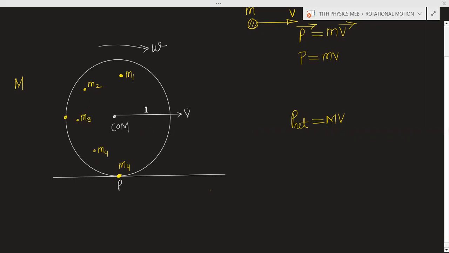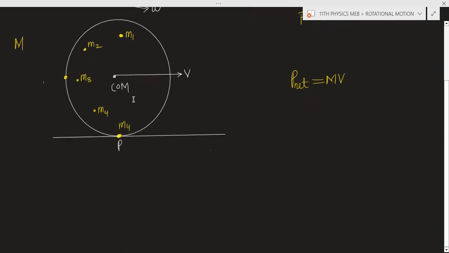So to calculate the linear momentum of this body, what we should do is find the momentum of each and every mass, and after that we add those momenta vectorially, so we will get the total momentum of the body.